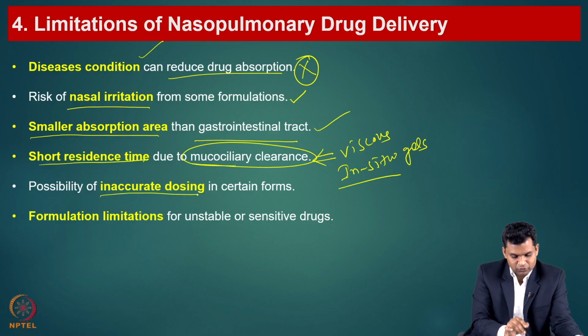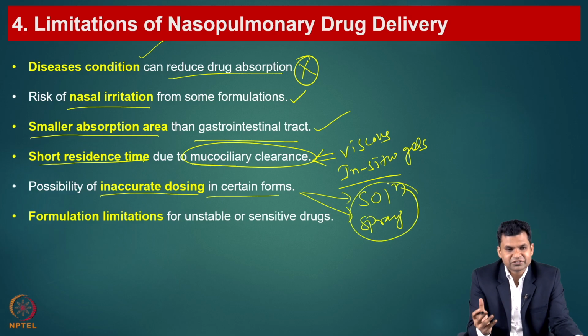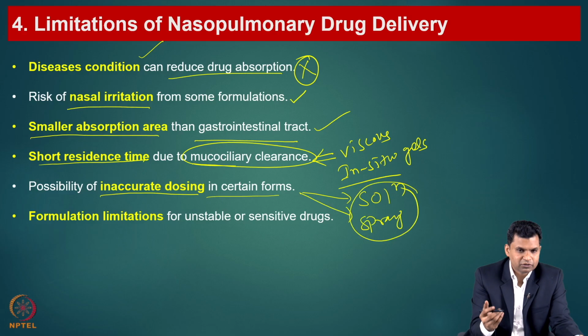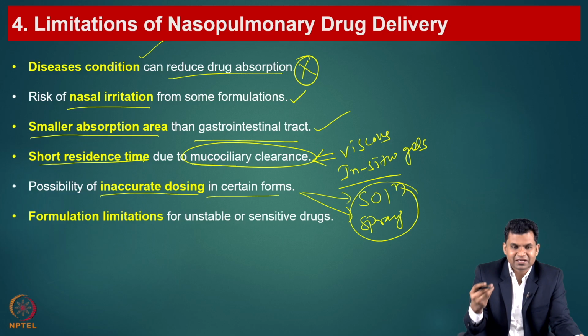Possibility of inaccurate dosing in certain forms. For example, when you are using solutions or sprays, they do not come as a unit dosage form. You will spray, but because of various conditions your dose may not be delivered accurately. In such cases we will prefer metered dose inhalers or some other unit dosage form which will deliver the accurate dose.